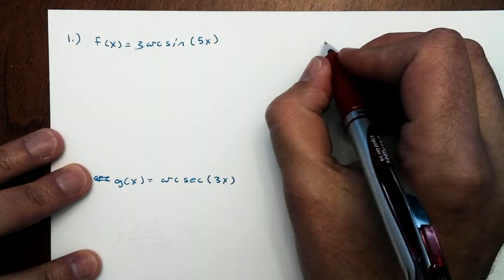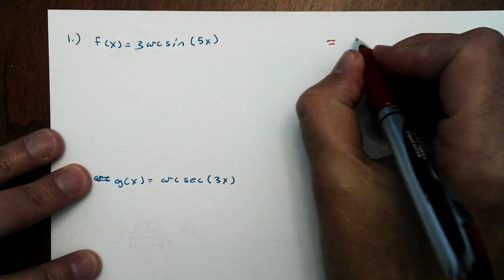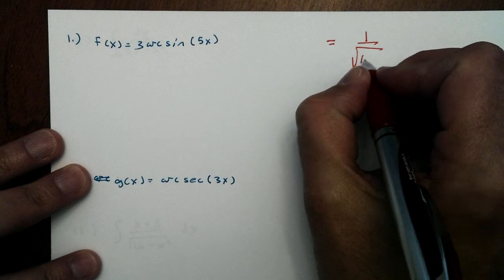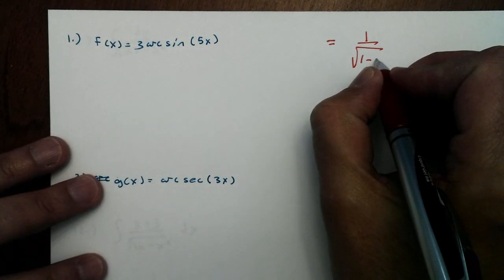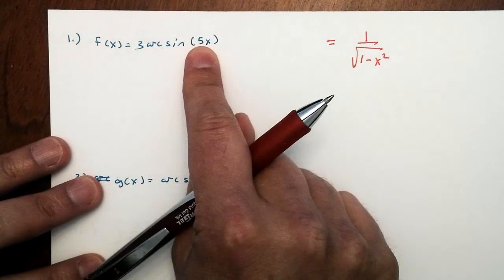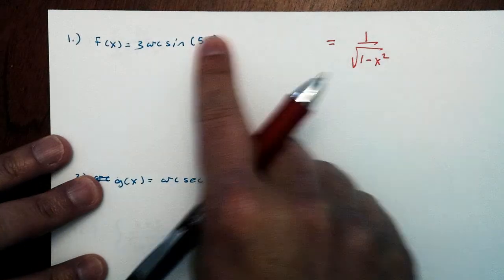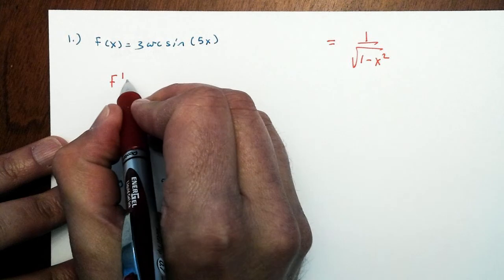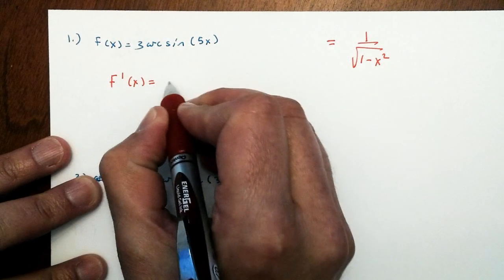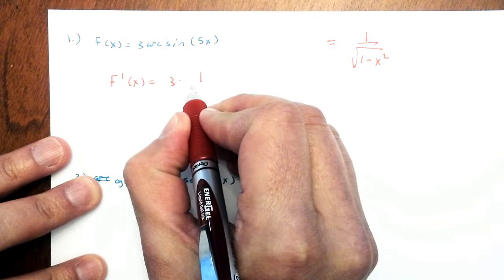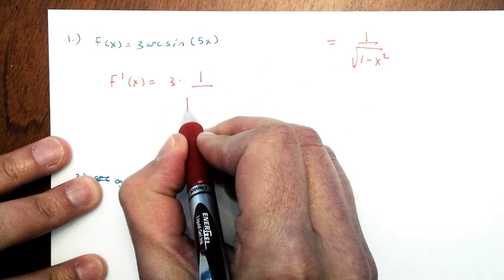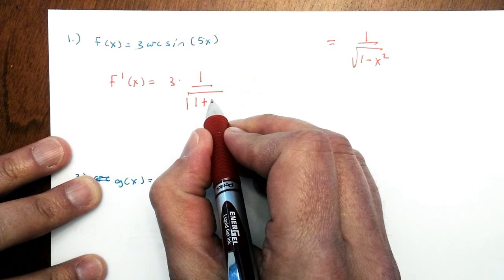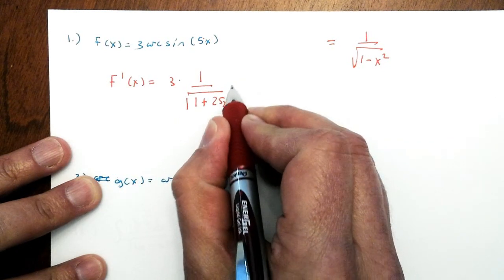Well, arc sine, if you might remember, becomes 1 over the square root of 1 minus x squared. Of course, that's going to be our x right there. Now, there is a chain rule here because of the 5x. So when we take the derivative, we're going to get f prime of x equals 3 times 1 over the square root of 1 minus 5x squared, so 25x squared, times 5.